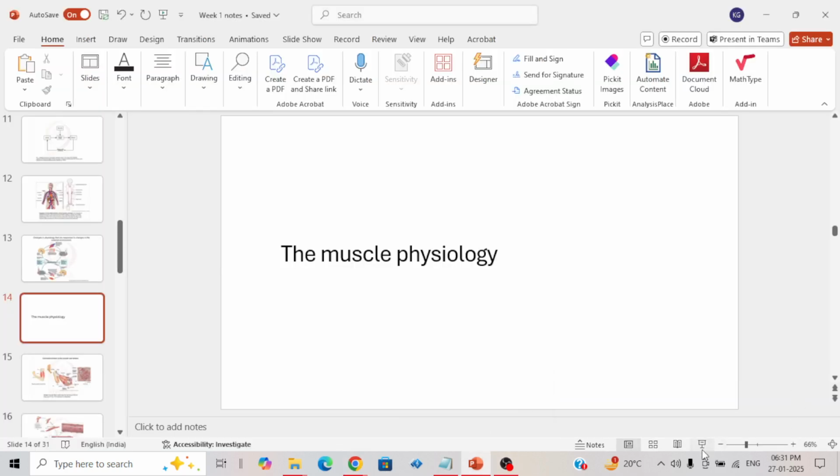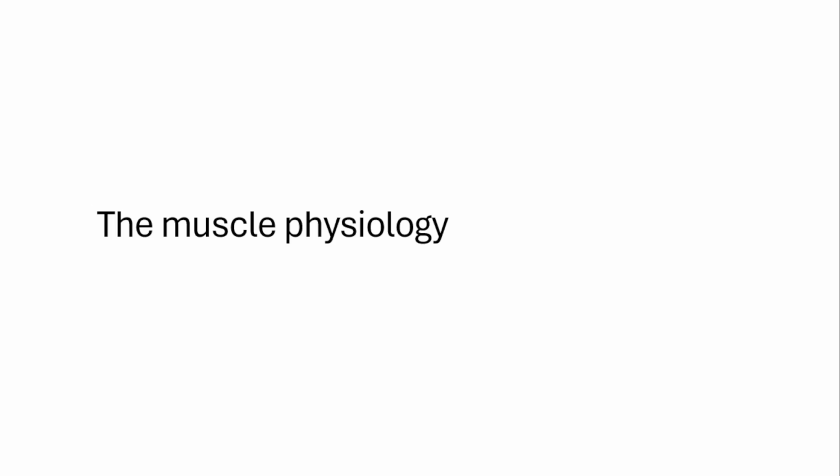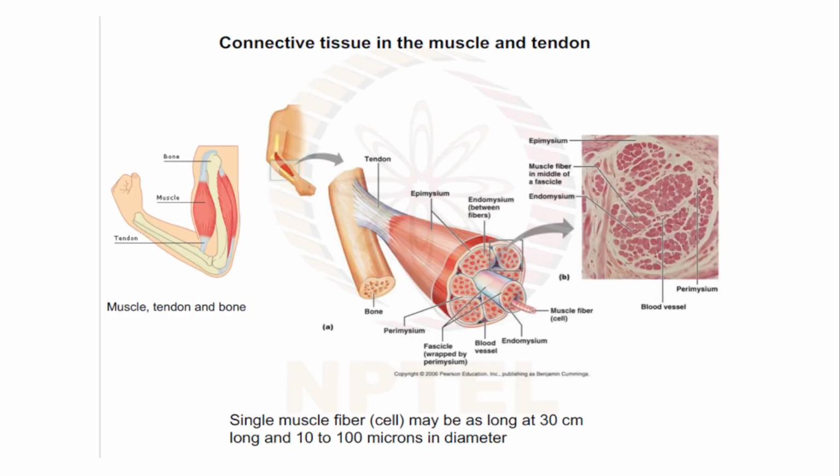So yes, muscle physiology is a very interesting topic, as this is something which we actually use in daily life, but we don't realize that there are many things involved in one movement. If you are moving a single finger, there are many things involved in moving that single finger.